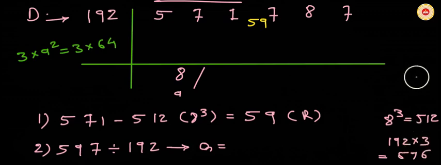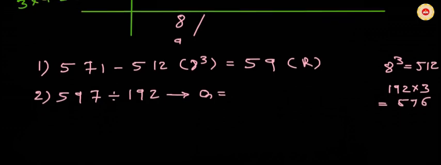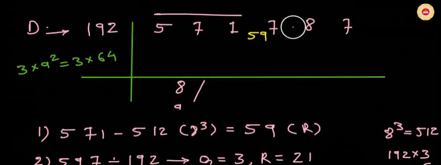Yes. So quotient is 3 and remainder is 597 minus 576, which is 21. So write quotient 3 below dividend 597 and write remainder 21 as a prefix to the next digit in the dividend, which is 8. Read this as 218.